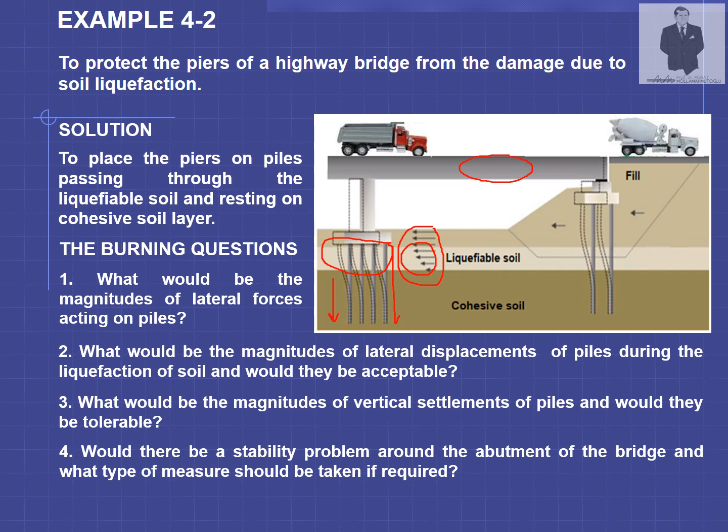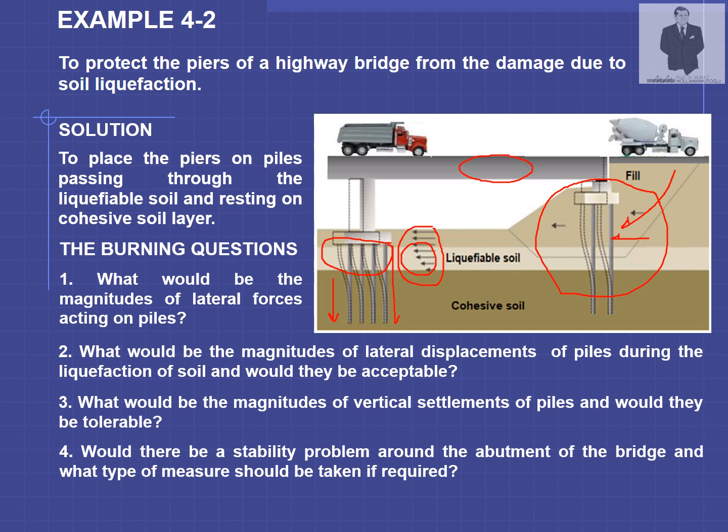Now we are talking about this section of the bridge. Now when the soil liquefies, the stability of the fill will be disturbed. And if the fill slides, additional forces will be on the piles. And these may, of course, disturb the stability of the bridge.